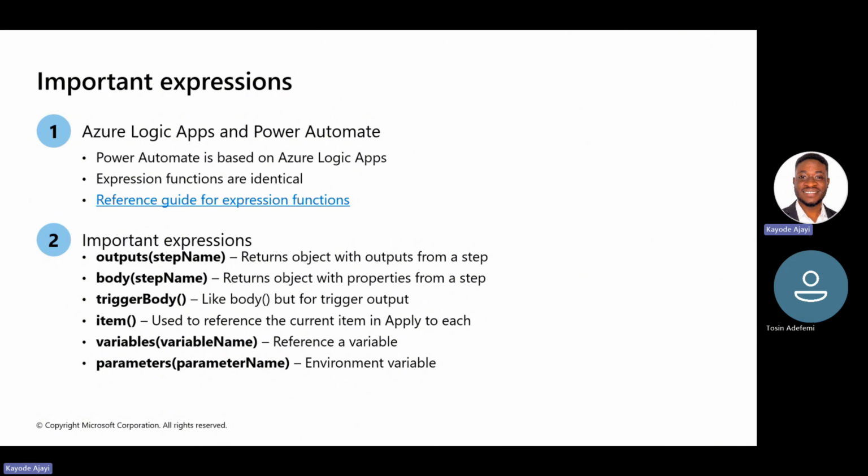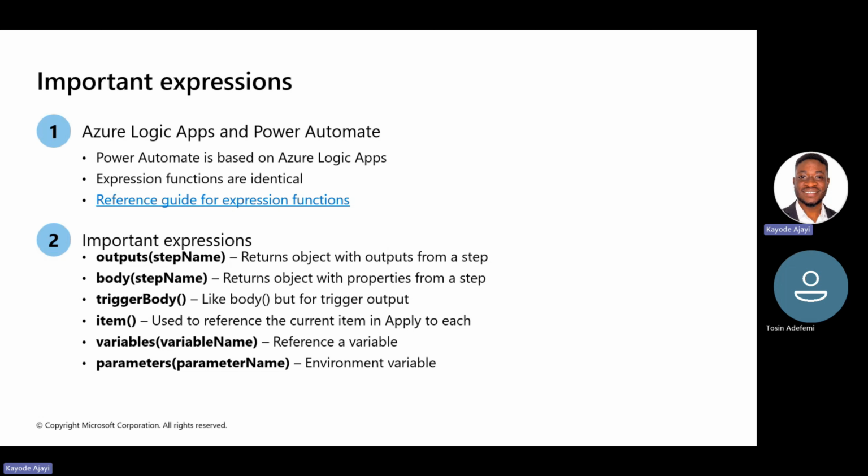So I say that because that can also help you understand expressions. If you've selected something from dynamic content, hover your mouse on it. Interestingly, I think they've taken that away from the new UI. I hope not. I don't think so. I think it's still in the new UI. But if you hover your mouse on it, you would see the actual expression it wrote.